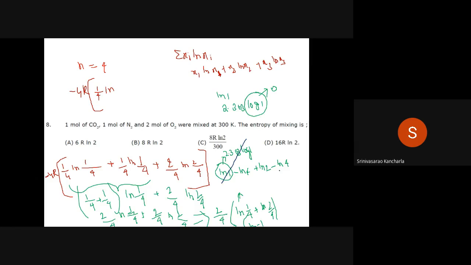And now convert all these in terms of natural log 2. 4 you can write it as 2 square. So it will become minus 2 natural log 2 plus natural log 2. Here again minus 2 natural log 2.